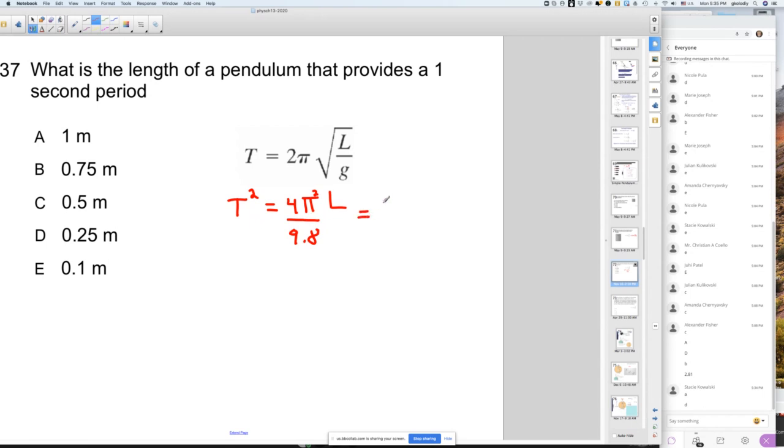And this is equal to 1, by the way, 1 second. So L is going to equal 9.8 divided by approximately 40. It's 39.4, I just rounded off to 40.